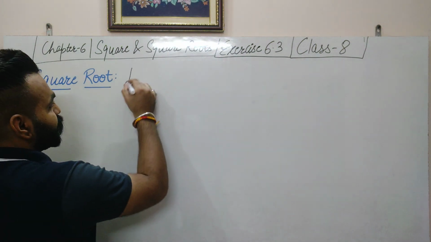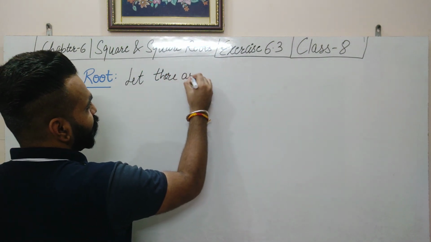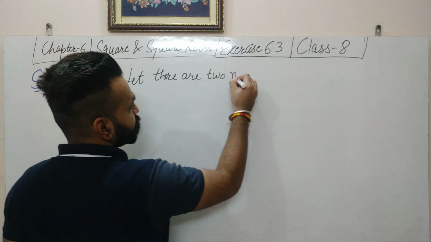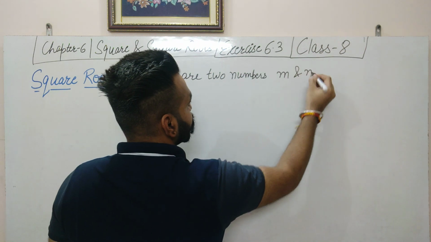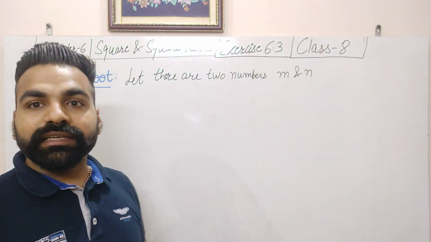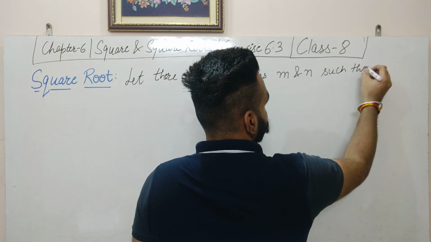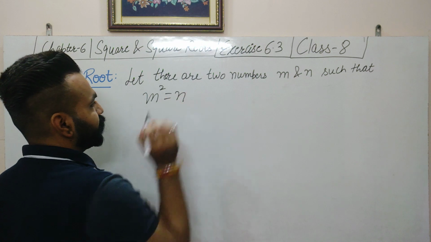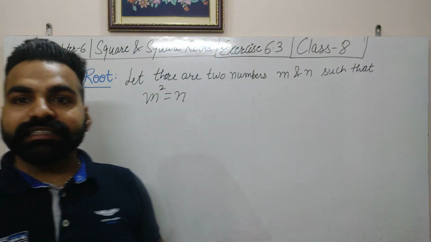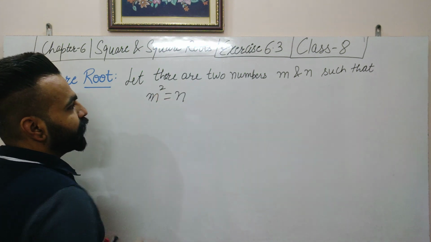Let there be two natural numbers m and n such that m square is equal to n. So there are two numbers m and n, and square of m is equal to n.